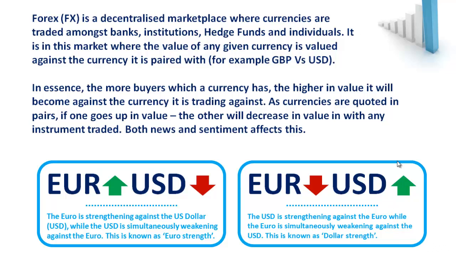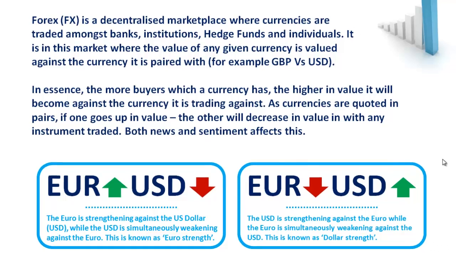Suffice to say, if the euro has more buyers than the US dollar, it is said to be strengthening against the US dollar, and the US dollar is simultaneously weakening against the euro. If the euro is up against the US dollar, it's known as euro strength, and if it's the other way around, if the euro is falling against the US dollar, we can say that the US dollar is strengthening whilst the euro is weakening.